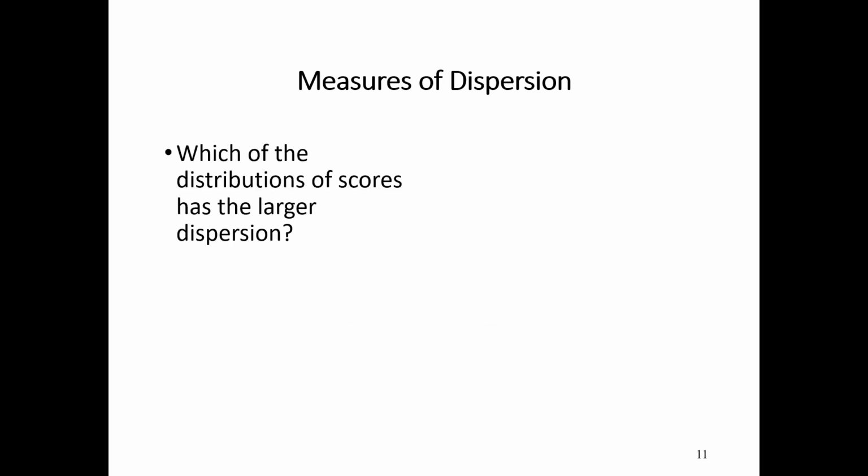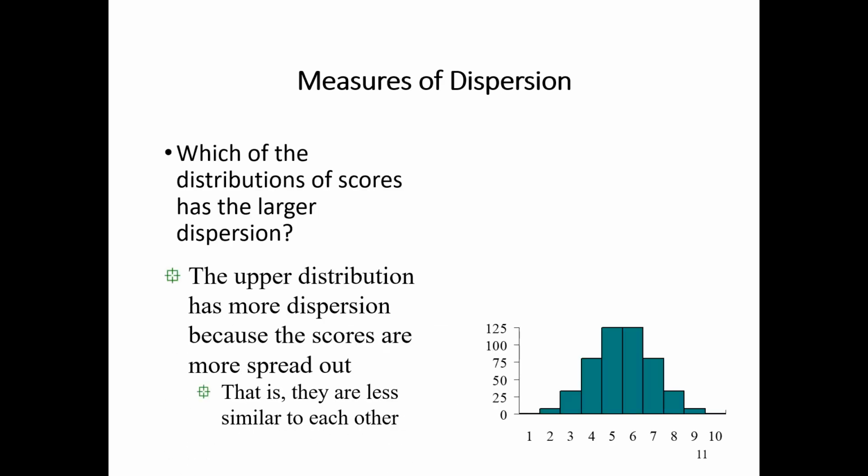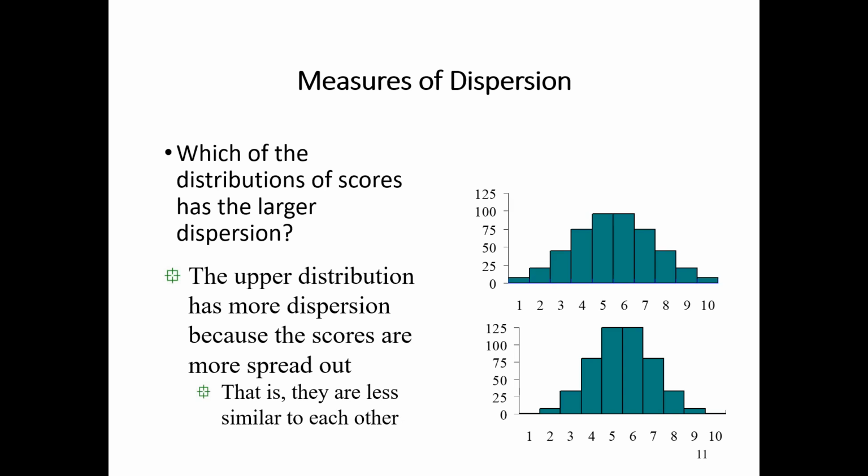So what are the different measures of dispersion? Now, if you look at these two figures on the right hand side, these are the histograms, those different bar diagrams which are drawn side by side. The first one starts from 0 up to 10, and the second one starts from 2 up to 9.